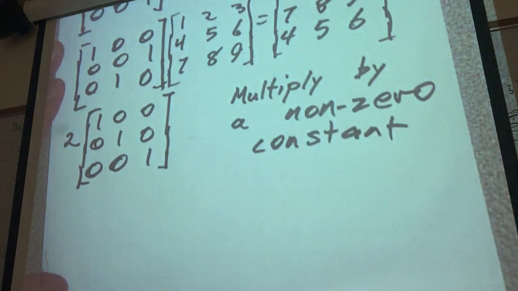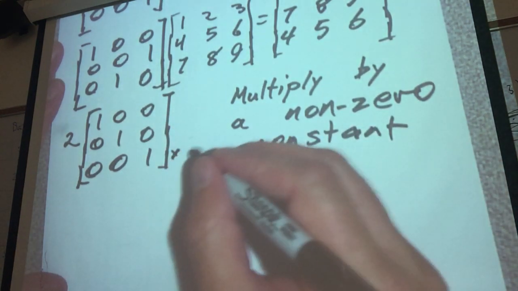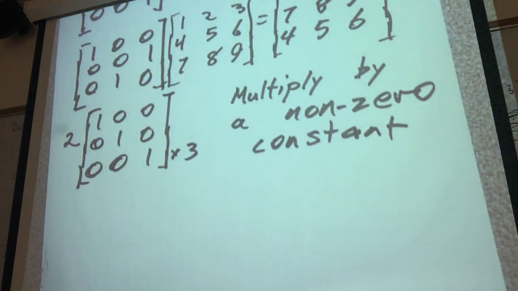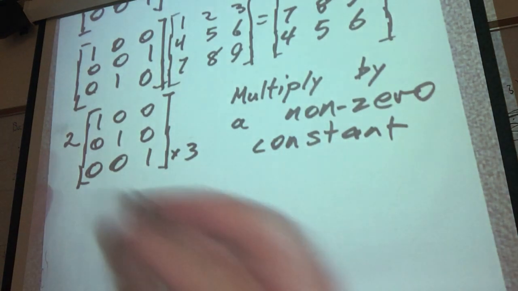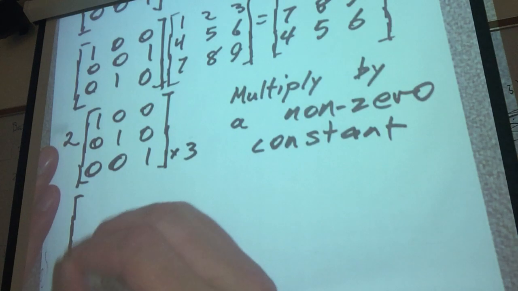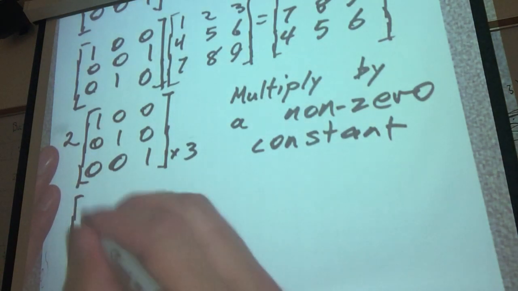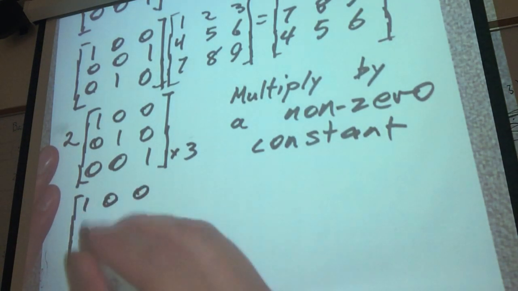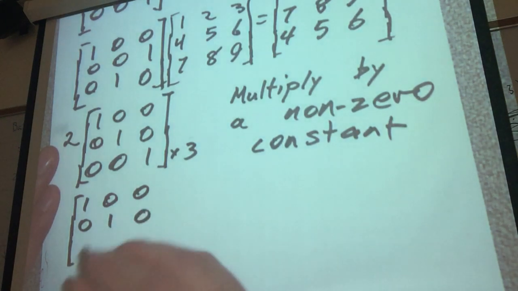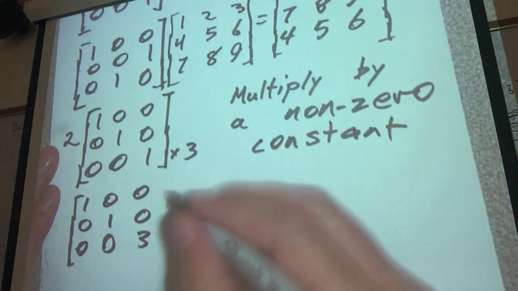Let's say we're going to take this row and multiply by 3. The elementary matrix associated with this would be 1, 0, 0, 0, 1, 0, 0, 0, and 3.